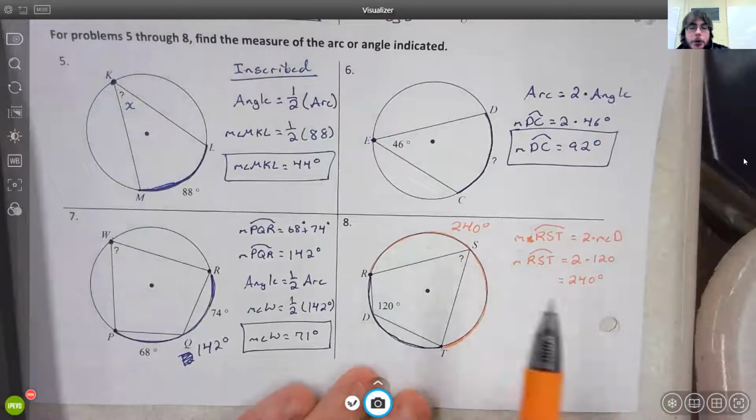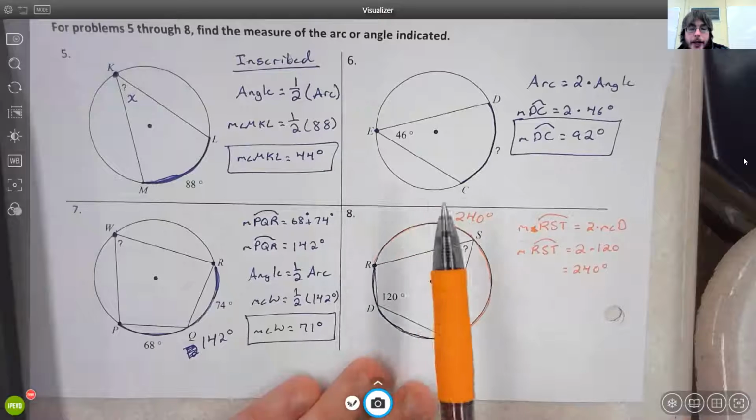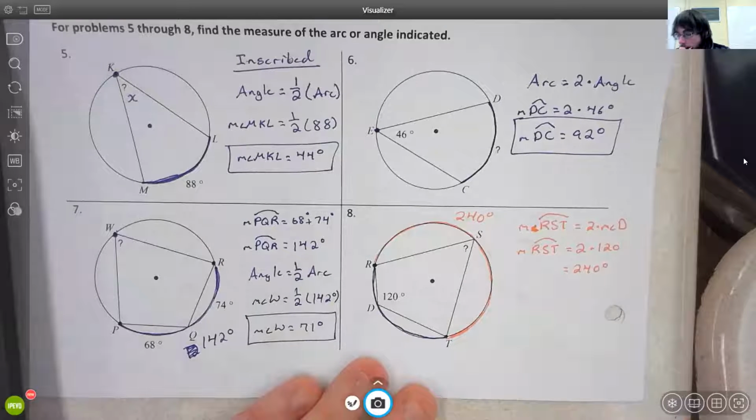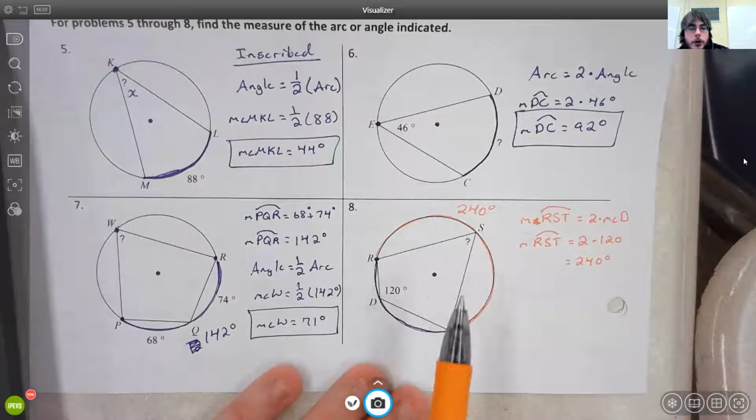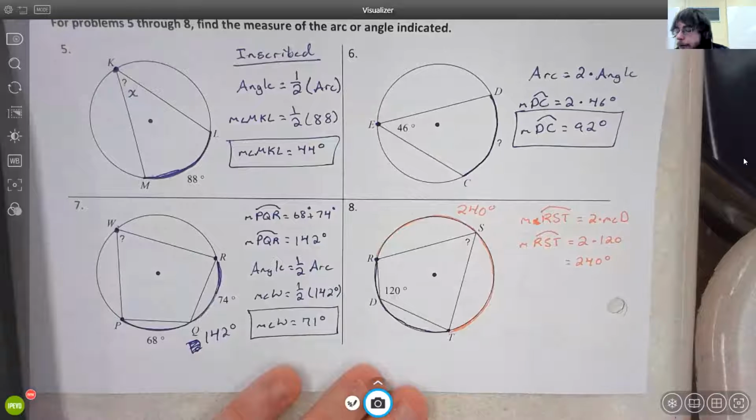Now, you may be asking, how does that help us find the arc that we need? Well, you'll see here that this orange plus this blue area makes the entire circle. And you know that those two arcs would have to add up together to give you 360.